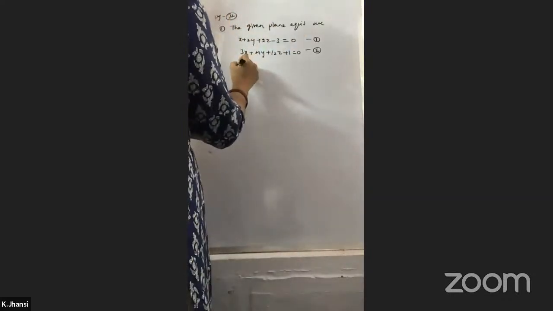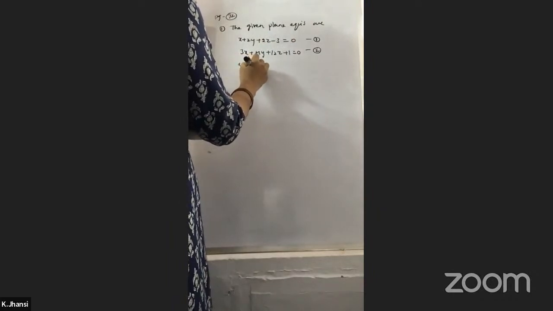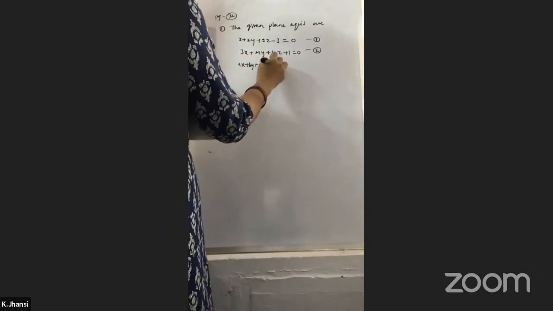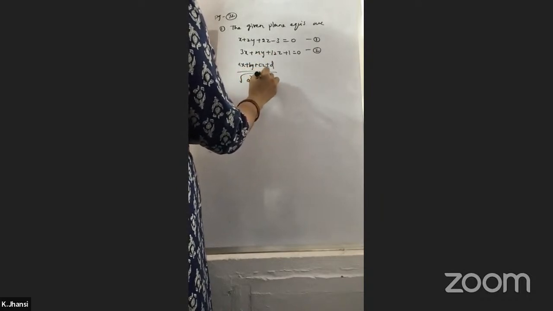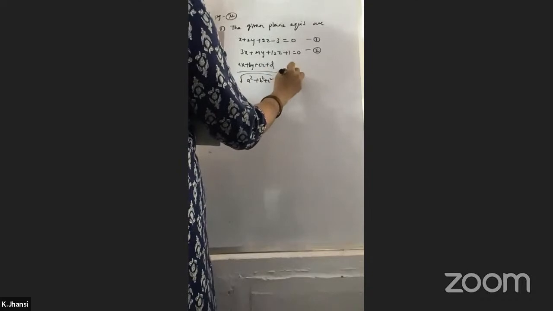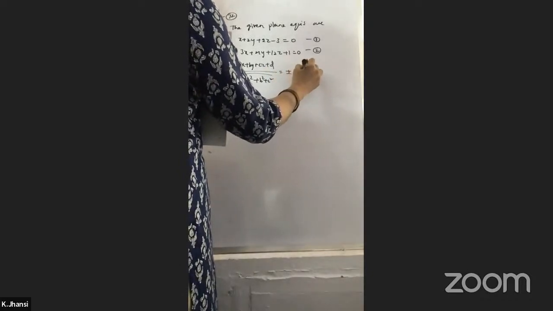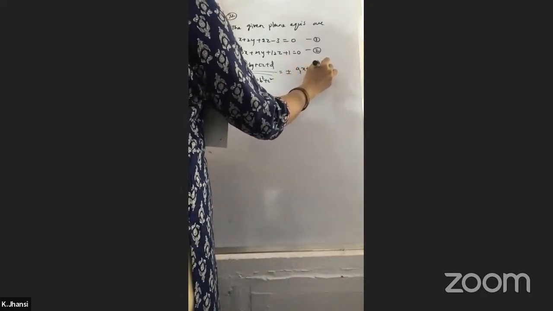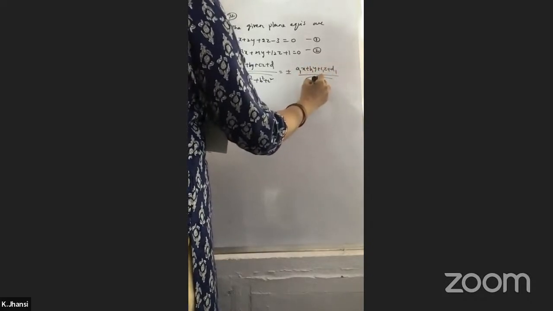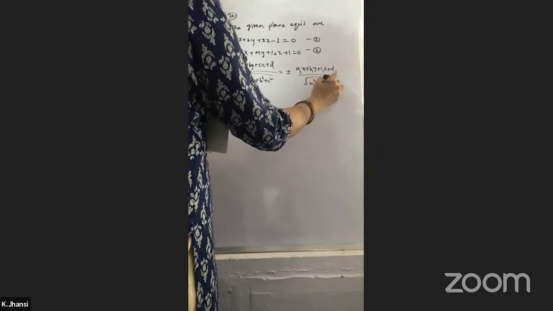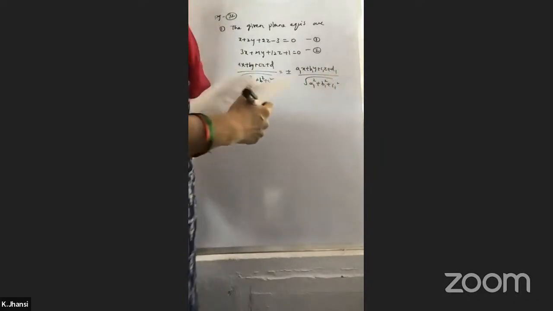That is (ax plus by plus cz plus d) by under root of a square plus b square plus c square is equals to plus or minus (a1x plus b1y plus c1z plus d1) by under root of a1 square plus b1 square plus c1 square. Okay.